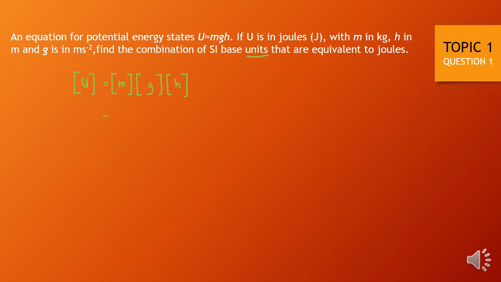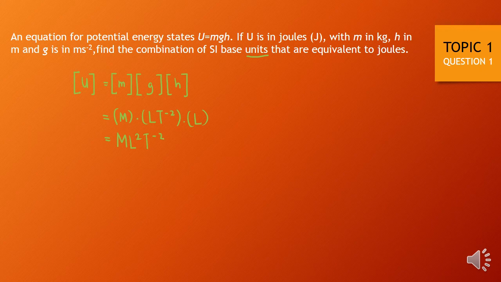In terms of dimension, mass would have the dimension of mass. Okay, g would have the dimension of acceleration, which has Lt to the power of -2, where height is a length quantity, so this is L. Okay, and then multiplying them all together, we have something with the dimension of ml squared t to the power of -2.